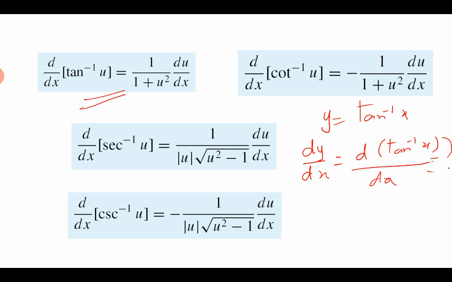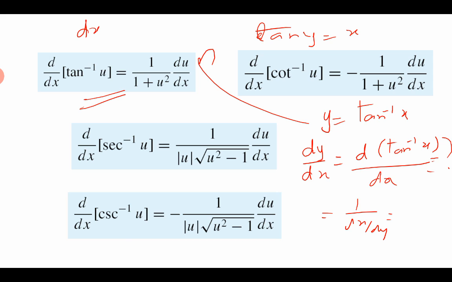And by the first rule, we know that this is 1 over dx by dy, isn't it? So first let's find what x is from this one. Taking tan on both sides, tan y is equal to x. So when you differentiate x with respect to y from here, what do you get?